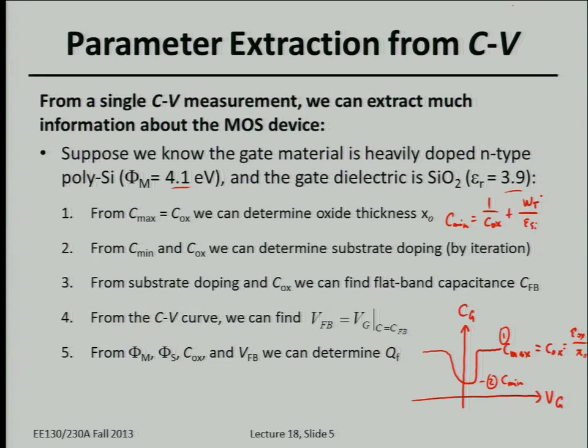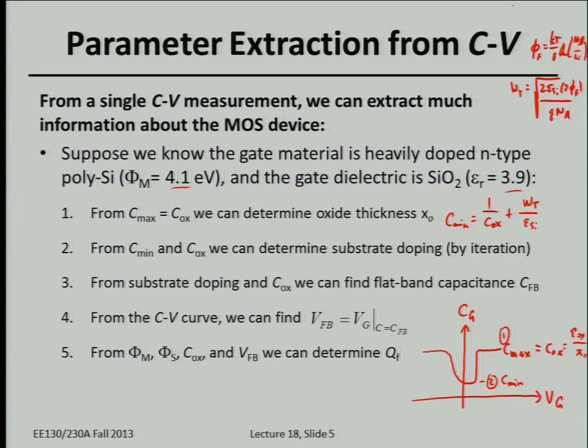Now remember, the depletion width at threshold is the square root of 2 times epsilon silicon times the total voltage drop, so that's 2 times phi f, over q times the dopant concentration. Phi f is equal to kT over q times the natural log of the dopant concentration over ni.